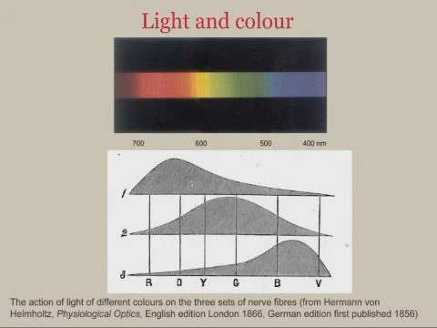Research done by Thomas Young at the beginning of the 19th century and developed by Hermann von Helmholtz had revealed that white light consisted of three different primary colours: an orange-red, a green, and a blue-violet. These graphs are the 19th century versions. They're actually from Helmholtz's work.